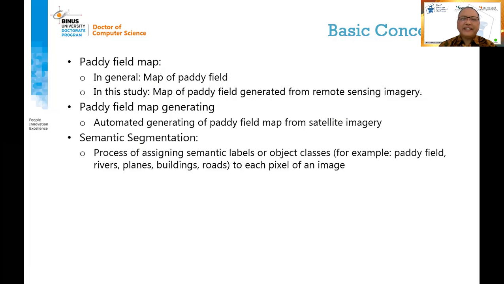Paddy field map generating is basically a term referring to automated generating of paddy field maps from remote sensing images, including satellite imagery. And semantic segmentation is a term that refers to the process of assigning a semantic label or object class to each pixel of an image.